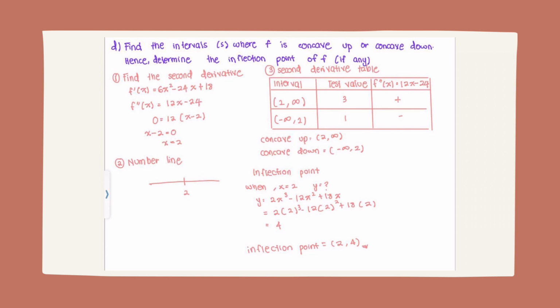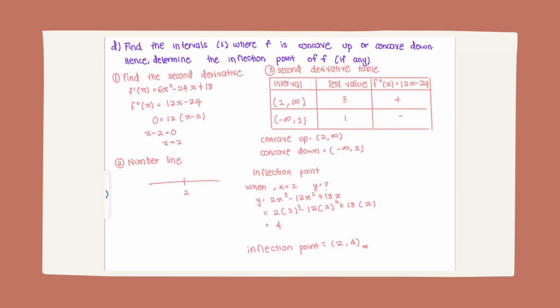So for the first table, we used 2 to infinity and used 3 as a test value, and we got positive. And for the second table, we write negative infinity to 2, and we use 1 as the test value, and we got negative. So to conclude, the answer for concave up is 2 to infinity, and the answer for concave down is negative infinity to 2.